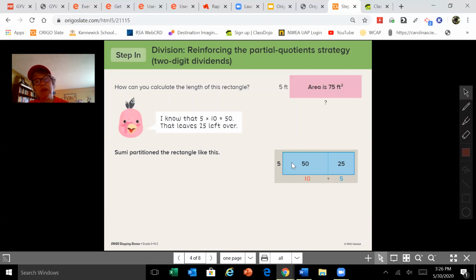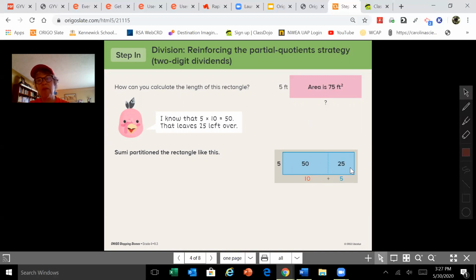So then we can think about the area being split up in this way. So we can see that 50 and 25 equals 75. And if we see this, we can see, oh, 5 times 10 equals 50, and 5 times 5 equals 25.